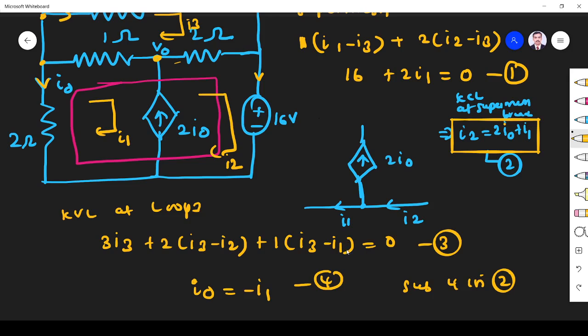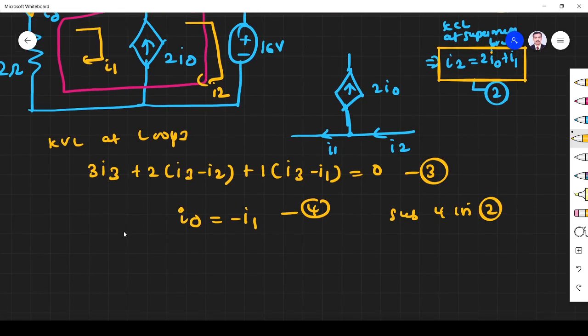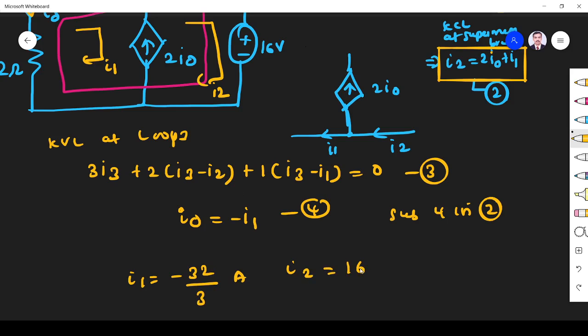Then if you simplify using the system of linear equations, Cramer's rule, the answer we are getting is I1 is equal to minus 32 by 3 ampere. I2 is equal to 16 by 9 ampere.